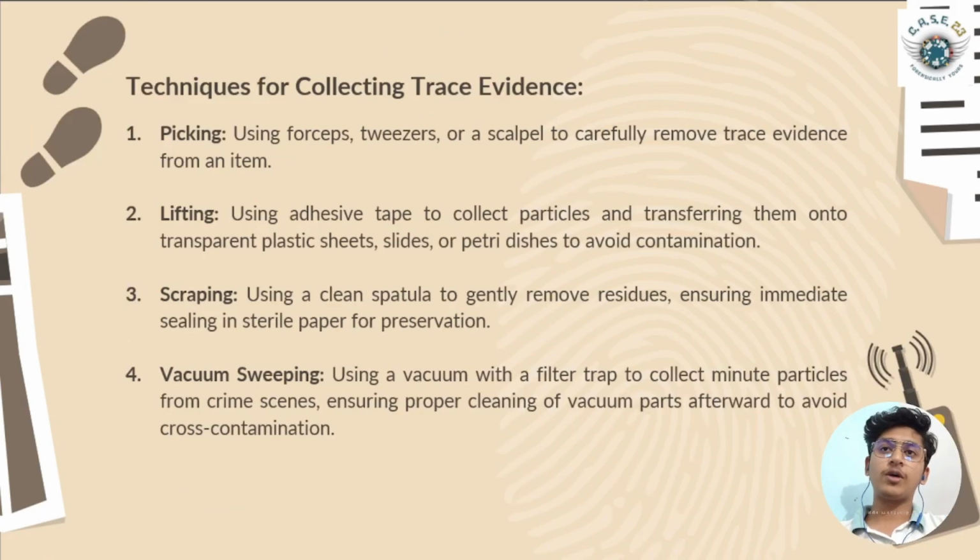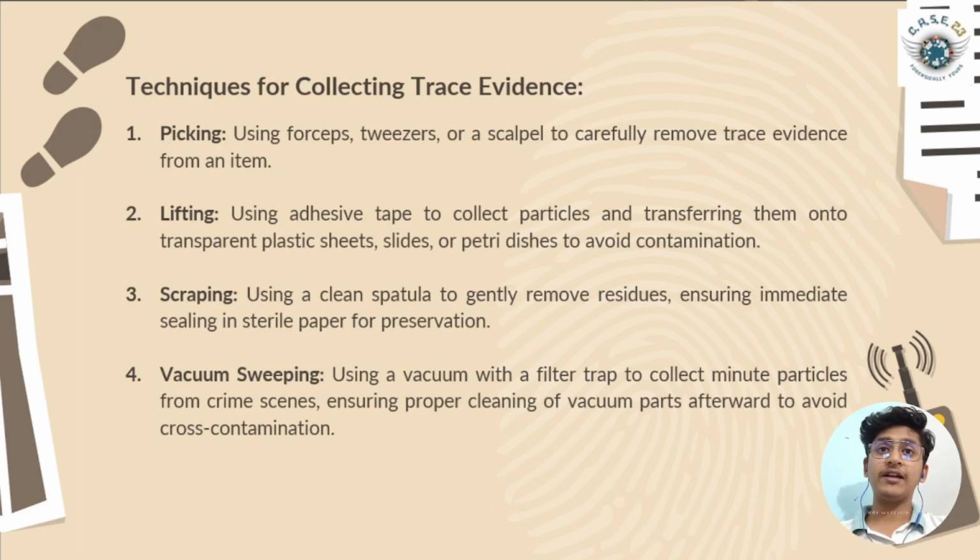So now let's talk about some of the methods of collection. First is picking. Using tweezers or forceps, forensic investigators carefully pick up individual hairs, fibers, or paint chips. This method is used when the evidence is clearly visible and easy to grab. The next is lifting.